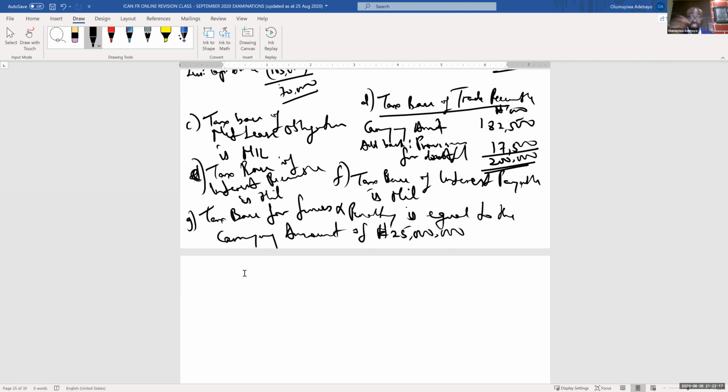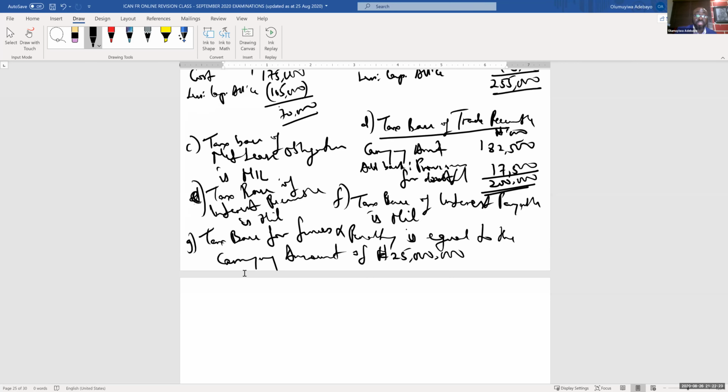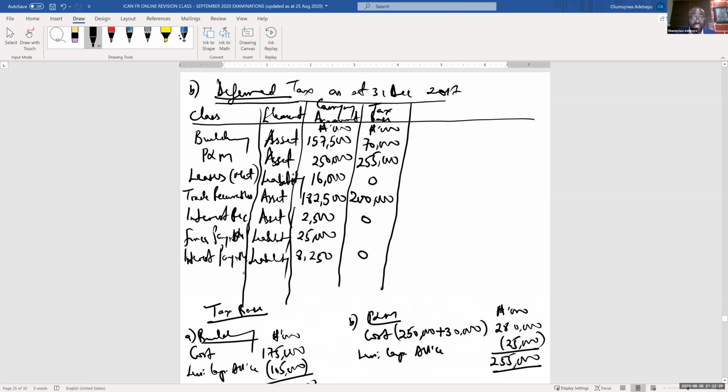And we're going to see it in the definition of the tax base of an asset and liability, which means invariably here, because there won't be temporary difference, the only reason why there won't be temporary difference is when the tax base and the carrying amount are the same. And they are the same because there's no temporary difference. Rather, the difference that exists is a permanent difference.